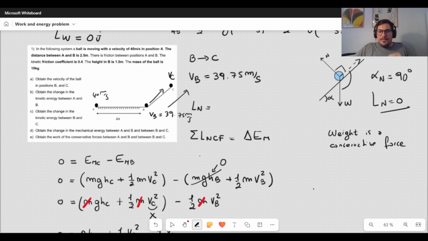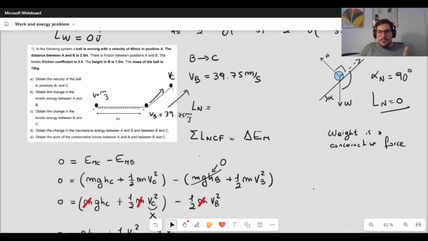But we have a possibility. You would say, why could we not apply the previous theorem? In this case, not directly, because how do we obtain the work of the weight?